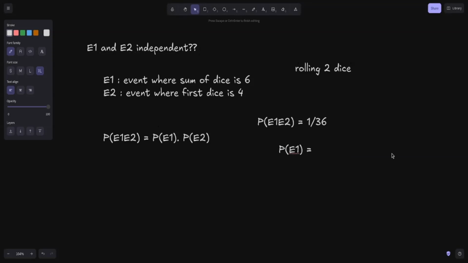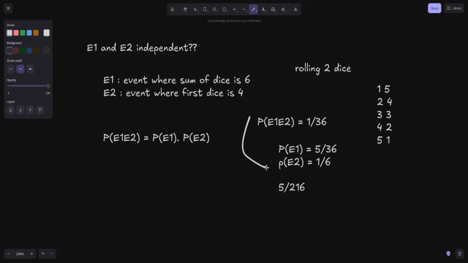Sum of dice is 6: (1,5), (2,4), (3,3), (4,2), (5,1). So this will be 5 by 36, and P(E2) will be 1 by 6. So the total will be 5 by 216, which is not equal to 1 by 36. Is it equal? No. So this is not an independent event.